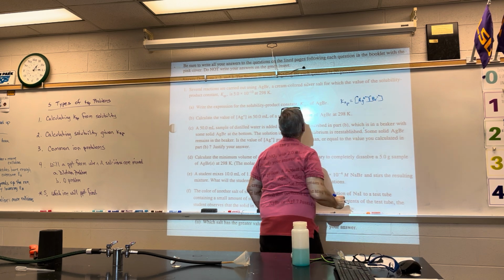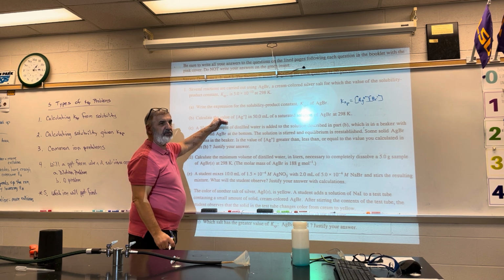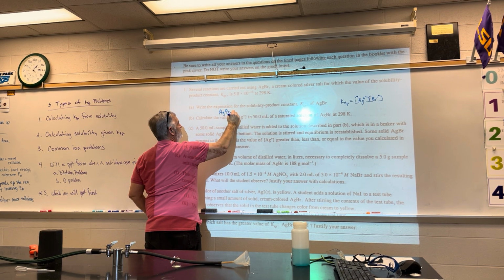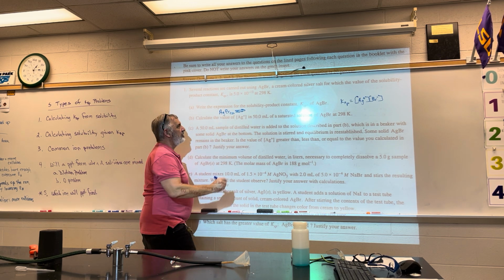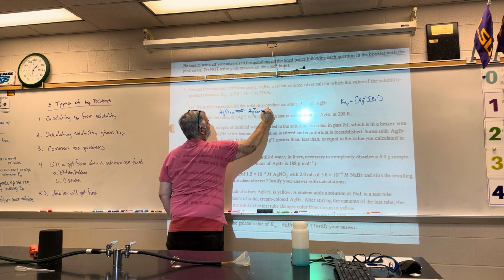Now, even though it doesn't ask for this, a lot of times it asks you to write the equation for the dissociation of silver bromide. So what would the equation be? It's going to be AgBr, solid, going to Ag plus and Br minus.